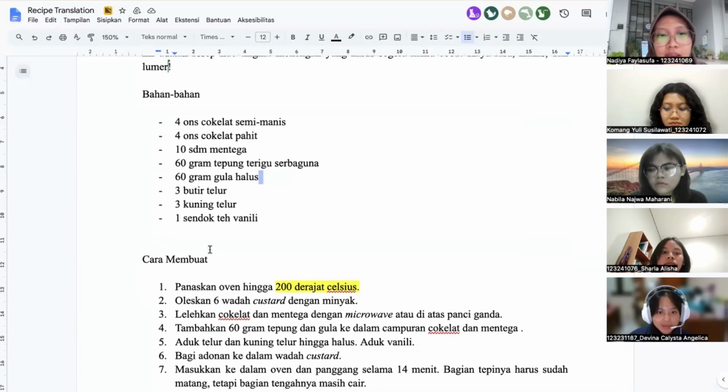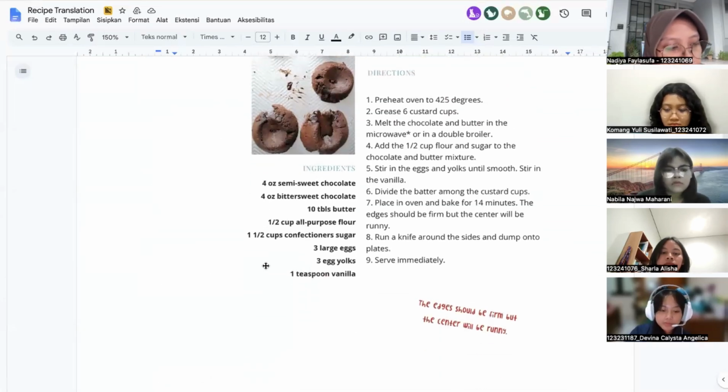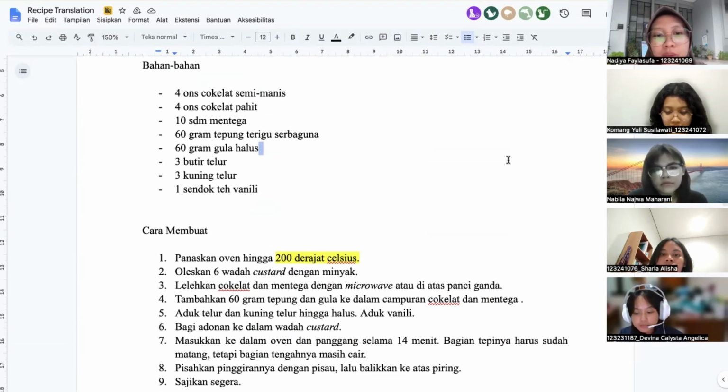Next is the 1.5 cup here. In Indonesia, it's not really common to measure baking ingredients with cups specifically. This is more of a US thing. So we looked up how much 1 cup is, and it would be 120 grams.